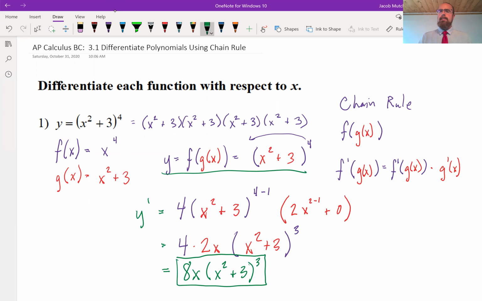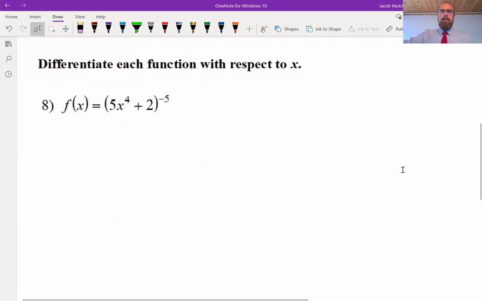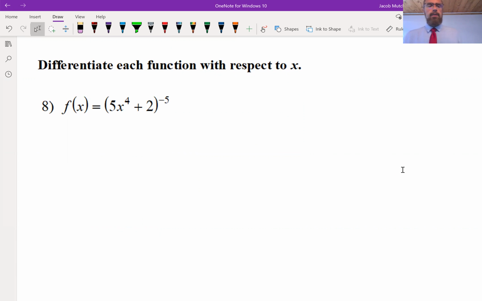Let's take a look at a second example with a different type of exponent. That first example had a positive integer exponent. Let's take a look at an example where the exponent is a negative integer. This is f of x equals (5x to the power of 4 plus 2) all to the power of negative 5.